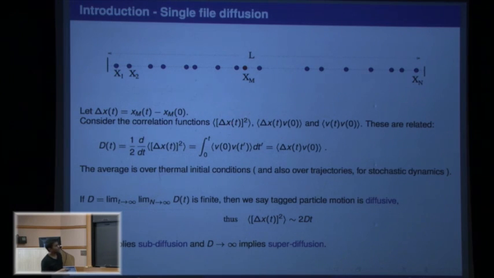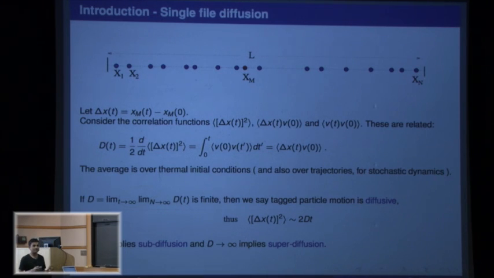This is just the mean square deviation of the particle from its initial position, and I see how it depends on time. So I consider these various correlation functions: delta x squared, the mean square deviation of the particle from its initial position; then delta x(t) times the initial velocity; and the velocity autocorrelation function <V(t)V(0)>. These averages are with respect to the initial distribution, which is taken to be thermal.